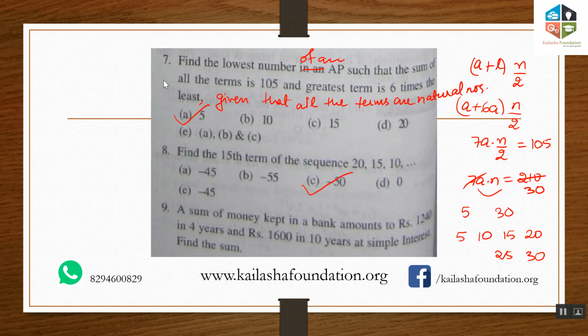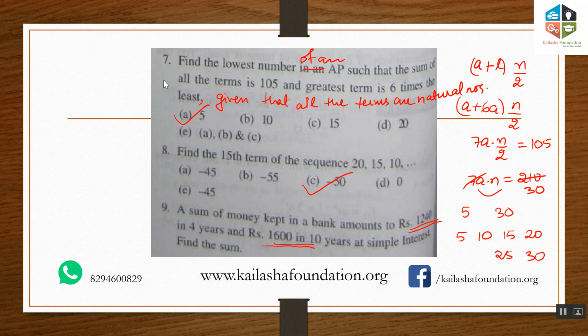A sum of money kept in a bank amounts to rupees 1240 in 4 years and 1600 in 10 years. At simple interest, find the sum. So it is again an AP. 4 years means T5, because in 0 years the sum is the original sum itself.